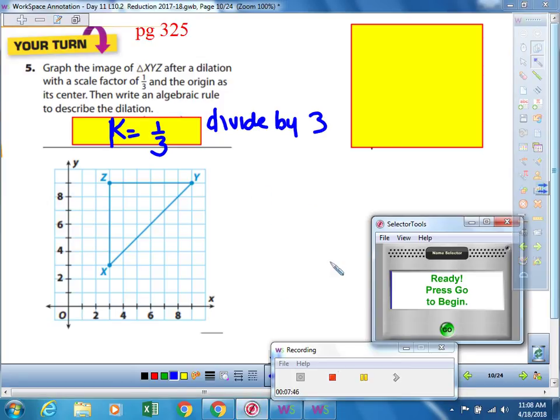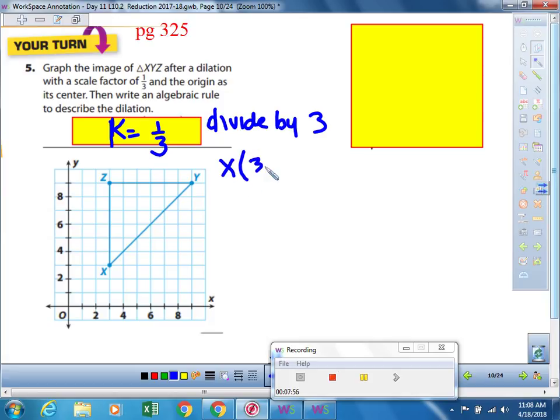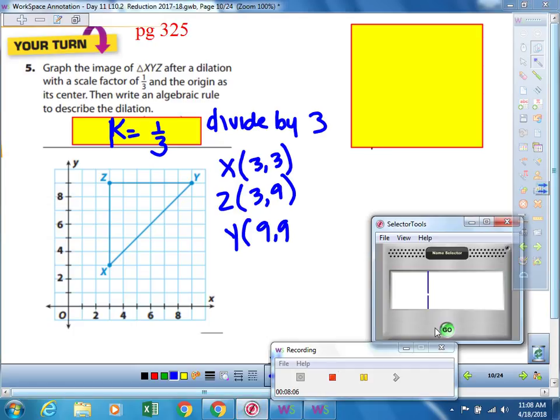Give me the ordered pairs, so give me the letter 2. Winter, what do you have? Okay. All right, and then the prime for the image, Jaden.